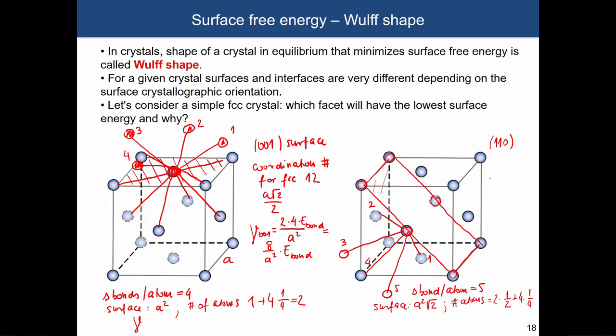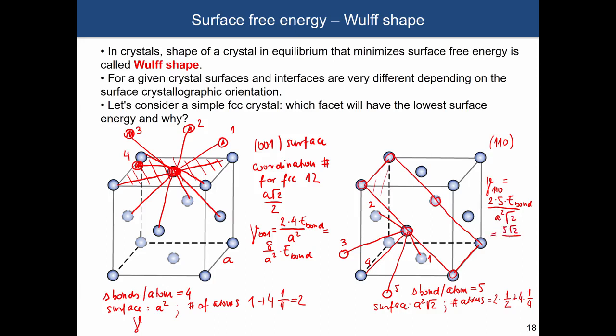And I can do the same calculation as before. So gamma for 110, and I apologize, I can't really write below, can be calculated as 2 atoms, 5 broken bonds times the energy of the bond, divided by a squared square root of 2.